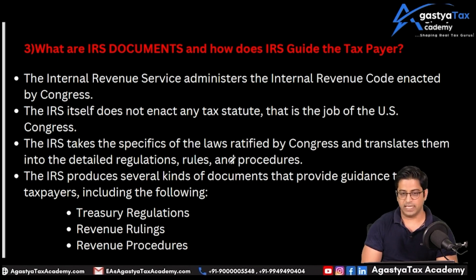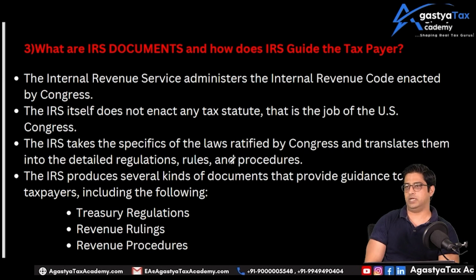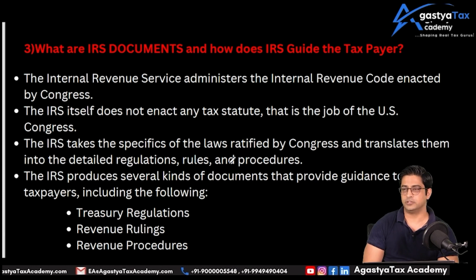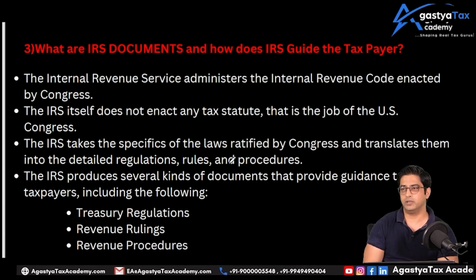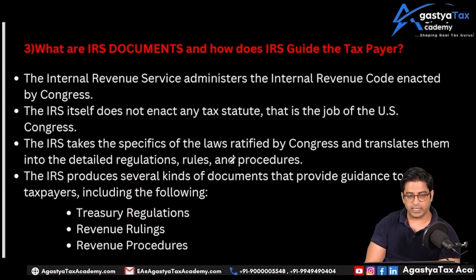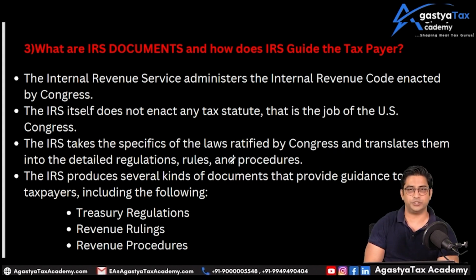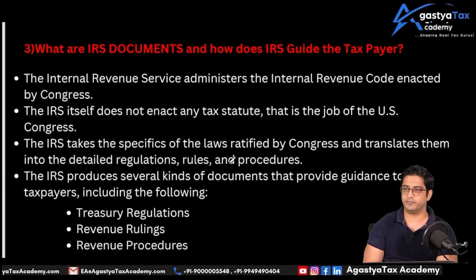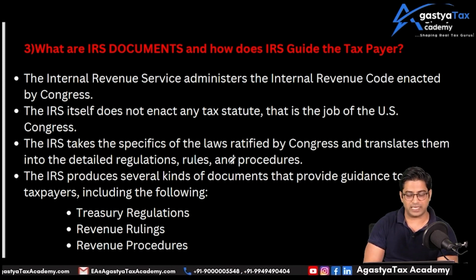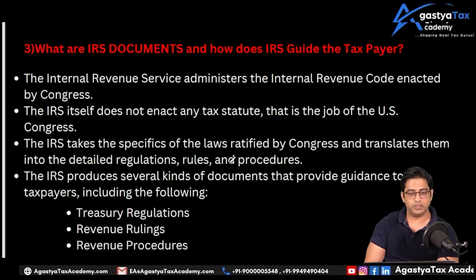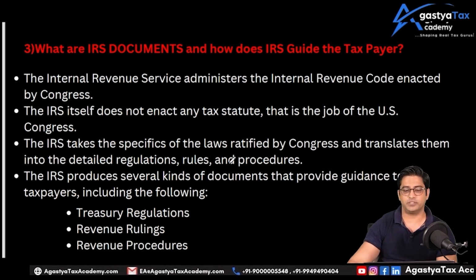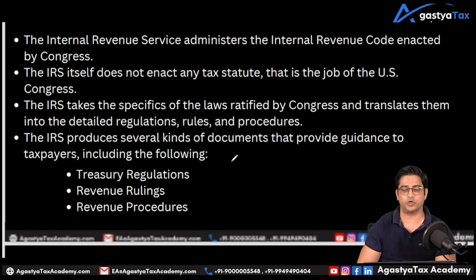The IRS administers the Internal Revenue Code enacted by Congress. So Congress makes the tax law. IRS will execute and implement the tax law. So IRS does not enact any tax statute. That is the job of US Congress, right? The IRS takes the specifics of the laws ratified by the Congress and translates them into the detailed regulations, rules and procedures. So IRS produces several kinds of documents that provide guidance to taxpayers.